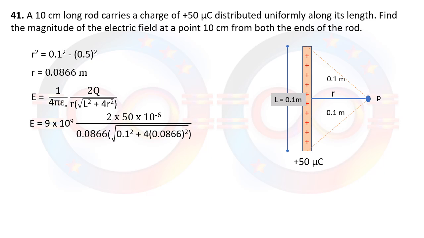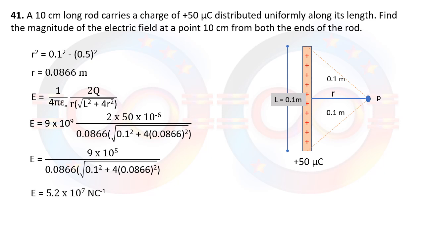The perpendicular distance from the rod is 0.0866. 0.1 is the length square plus 4 into again r square. On simplifying this, we will be getting the electric field as 5.2 into 10 raised to 7 Newton per coulomb. Because it is positive charge, it will be away from the rod.